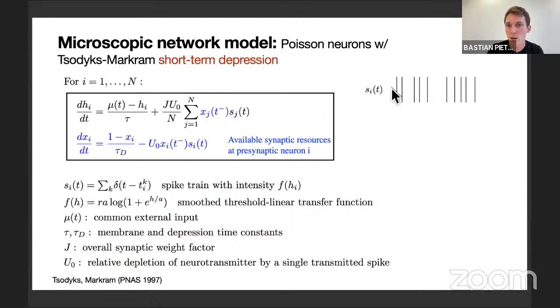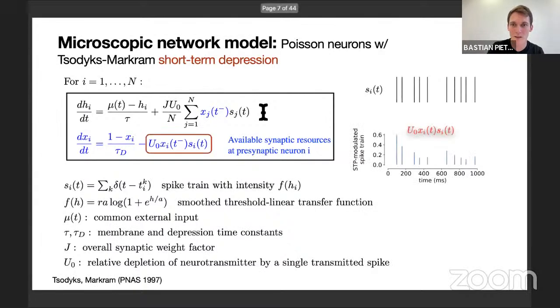It's a delta spike train that you see here. And in general, we have u naught, a mean facilitation variable, times x_j times s_j, which is the modulated spike train that we saw before.